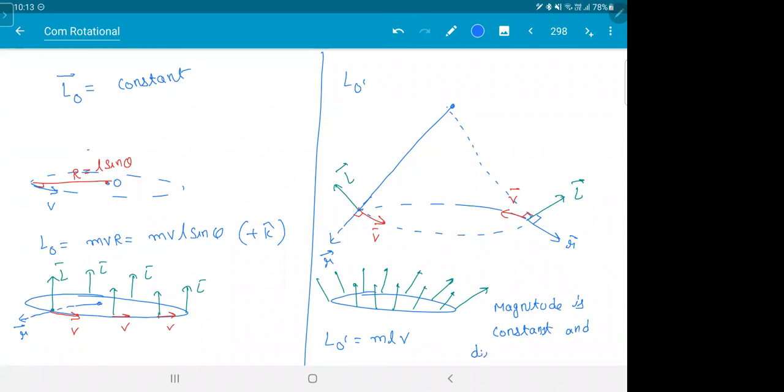It's a good question, the theoretical. This was asked in JEE like 2004, 7 or 8. The angular momentum about O dash, magnitude is constant. Direction is not constant. Hope you got the diagram. That basically here the string is already perpendicular to velocity.